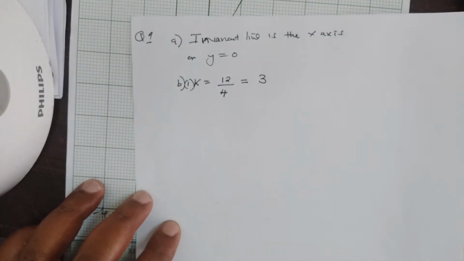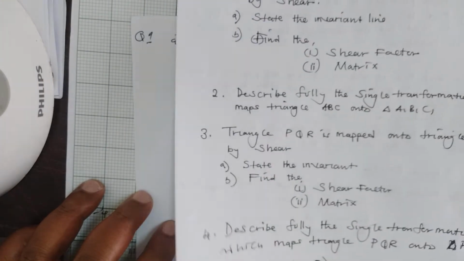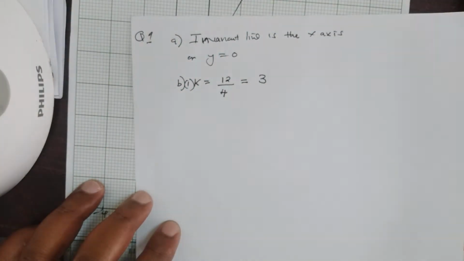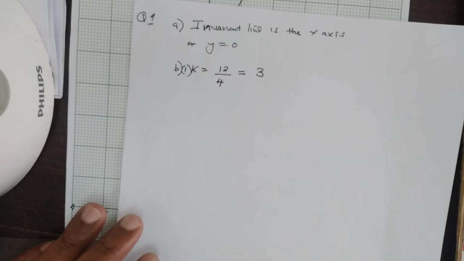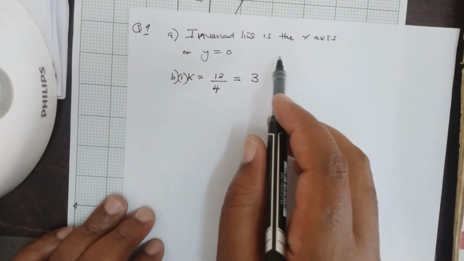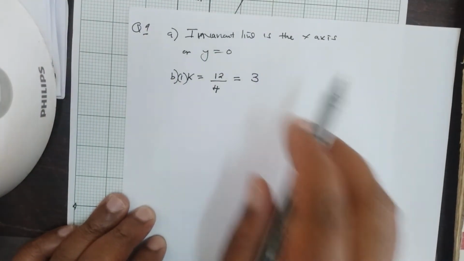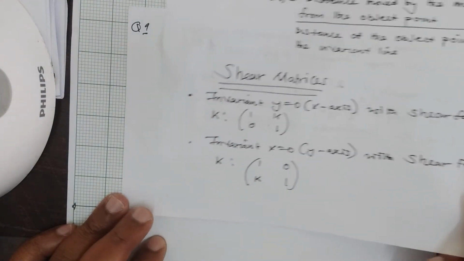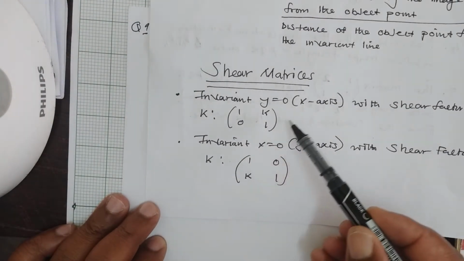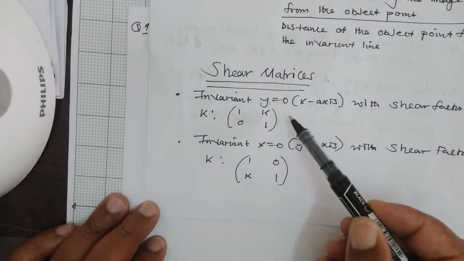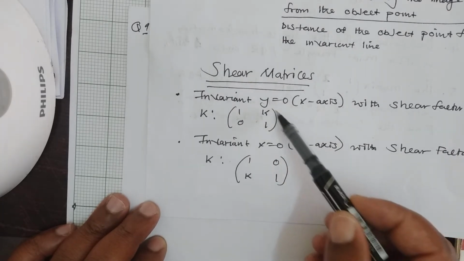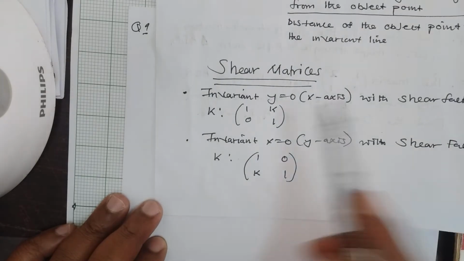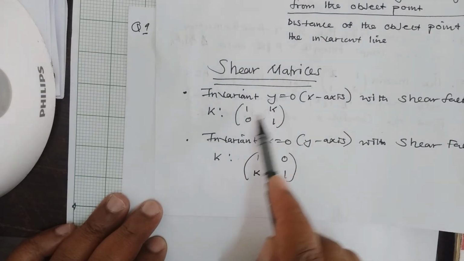What is Roman numeral 2? We have to find the matrix. Now, take note that we have said the invariant line is the x-axis. So here, to find the matrix, we can choose. We are saying if it is the x-axis that is the invariant line, this is the shear matrix that we are supposed to use: 1, k, 0, 1.